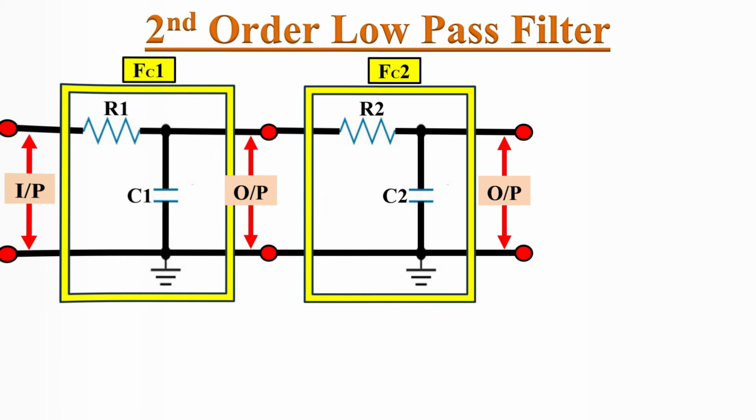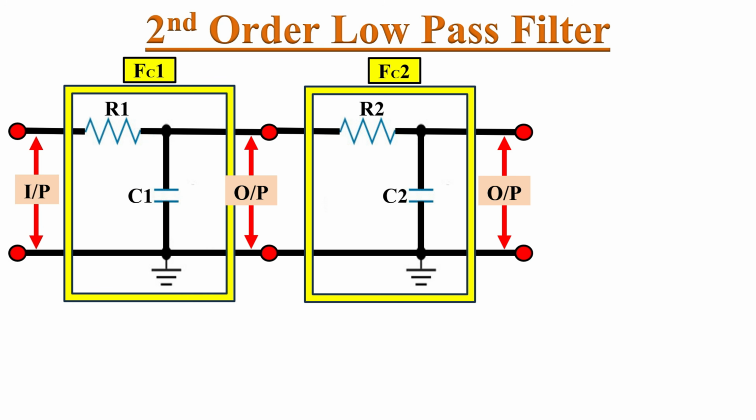But designing a higher order filter is very complicated. It is because if we are designing a second order low pass filter by cascading two first order low pass filters, we must be sure that the second stage low pass filter does not get overloaded by the first stage. To minimize this loading effect, we should choose the values of the second stage resistor R2 and capacitor C2 in such a way that the loading effect of the first stage is minimized.